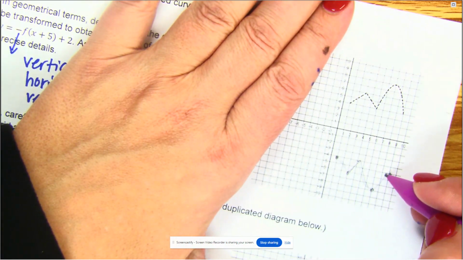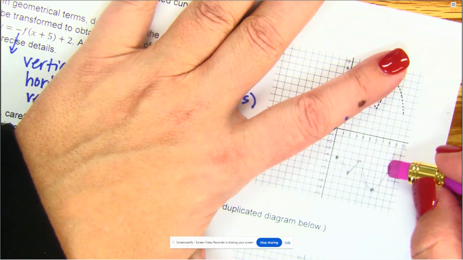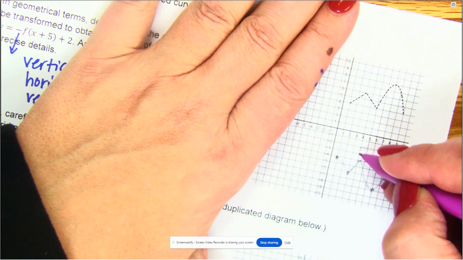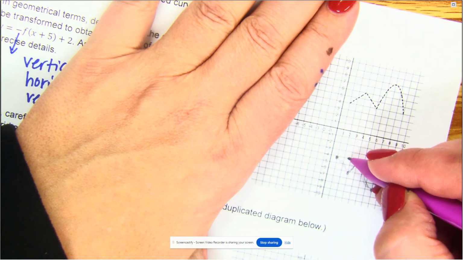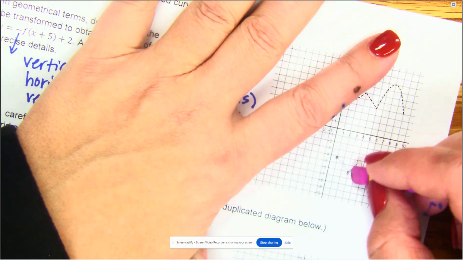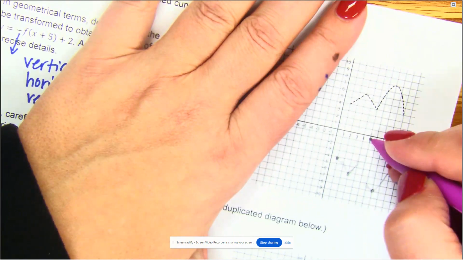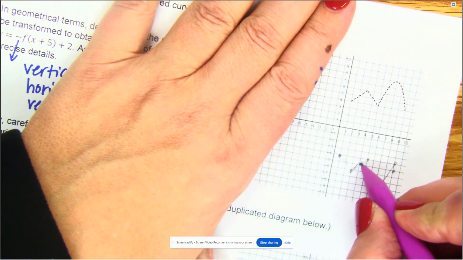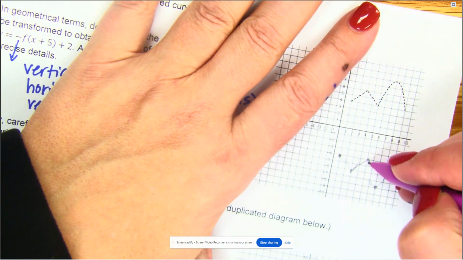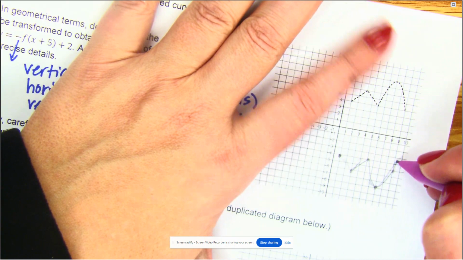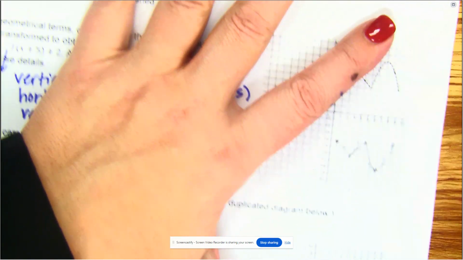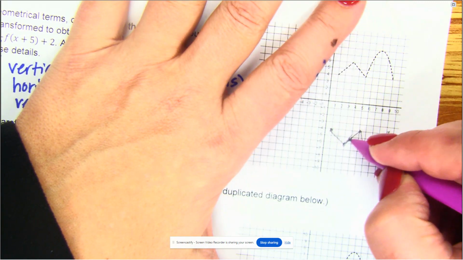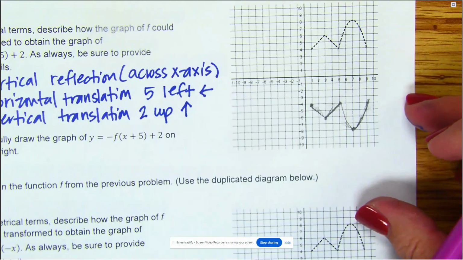Some people do it all in one move. I'm not. So there's the first light sketch.